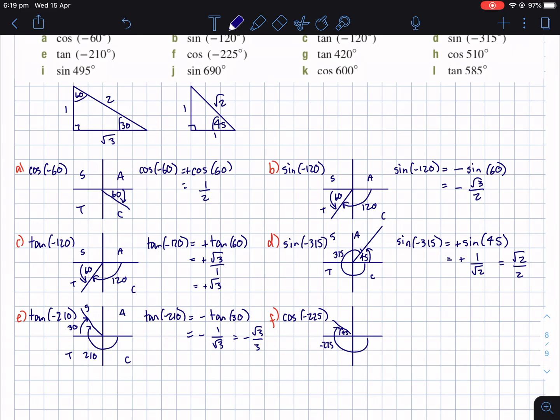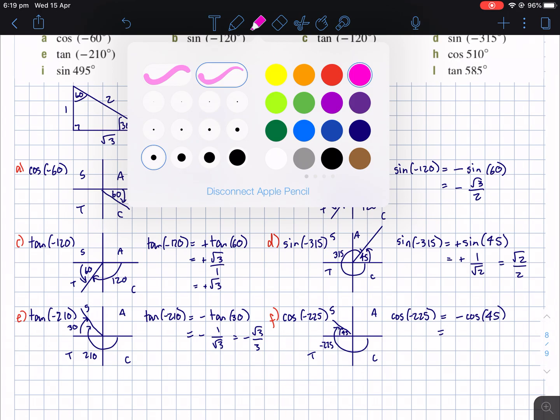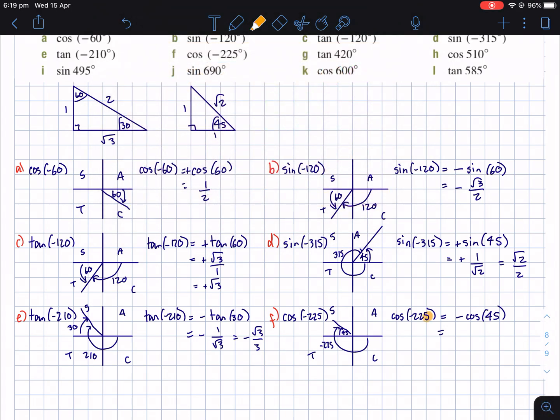So that means, and SATC, it's cos, so it's going to be negative. So cos negative 225 equals negative cos 45. And just a hint, in general, whenever these end with a 5, you're looking at 45. You've just got to decide whether it's positive or negative. Negative cos 45, so cos 45, 1 on root 2. So we got negative 1 on root 2.